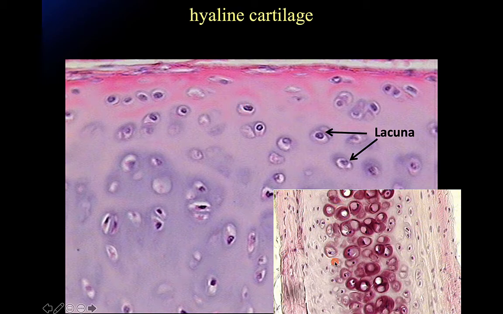This is actually a younger version of hyaline cartilage down here, a lot more holes and less of that solid material. So we want to kind of explain what that is. The things inside of the lacuna, and that should probably actually have an E on it and say lacunae because I'm pointing at two of them. Lacuna is one, lacunae would be plural.